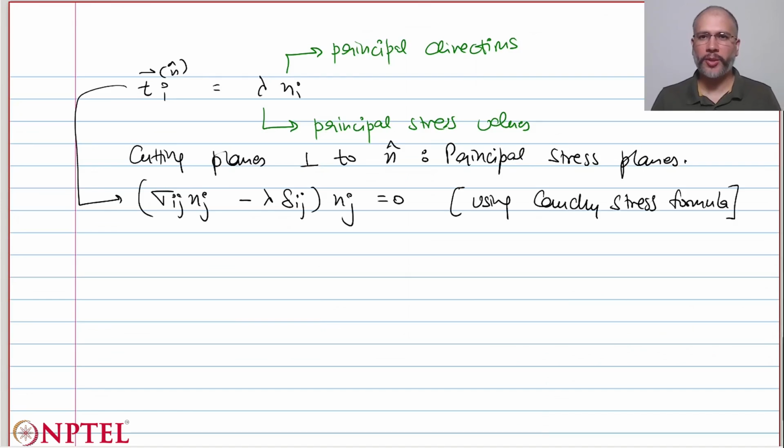This is a null space problem, and we know that a solution to this system exists only when the determinant of this matrix is 0. That is, this matrix is a singular matrix. So we're talking about situations where n hats are non-zero, that is, a non-trivial solution.